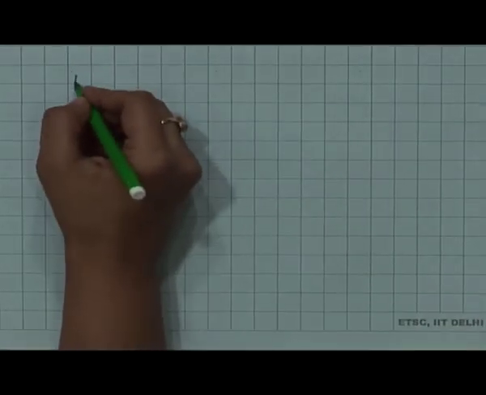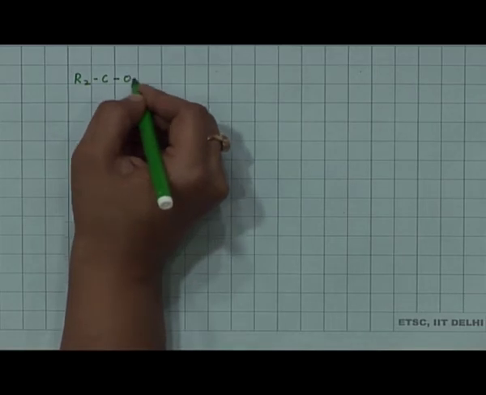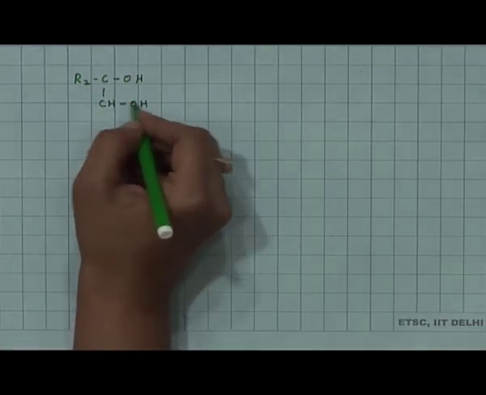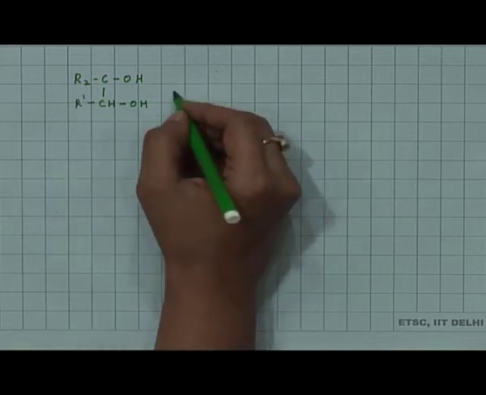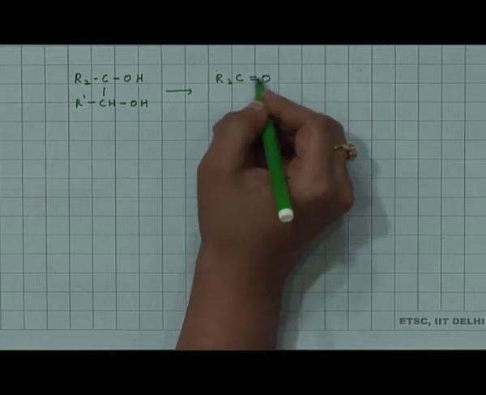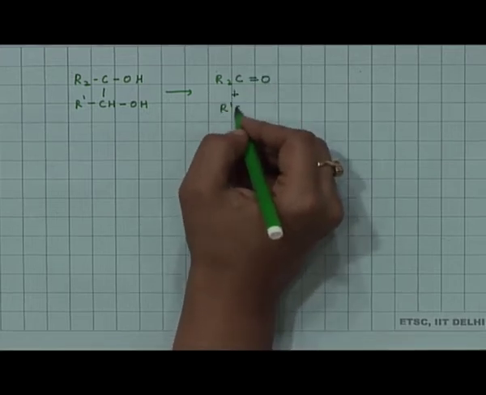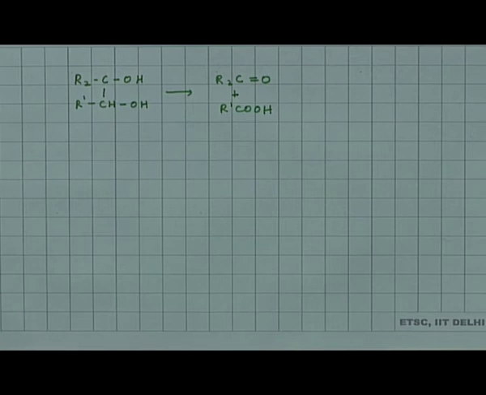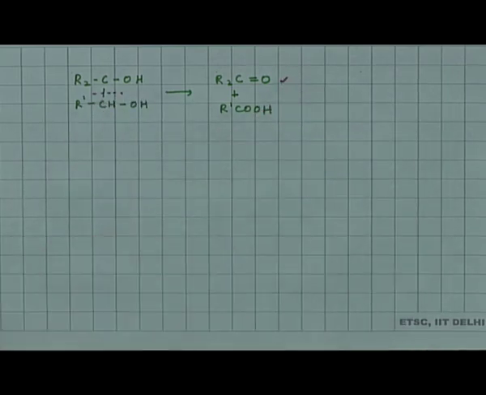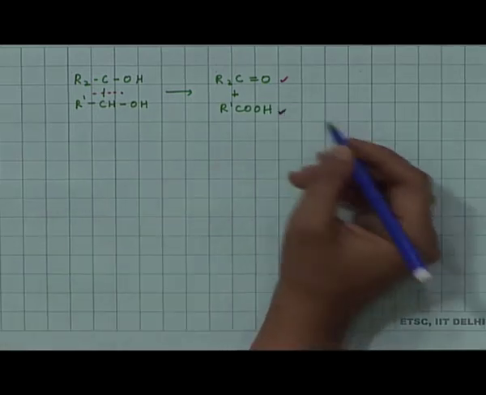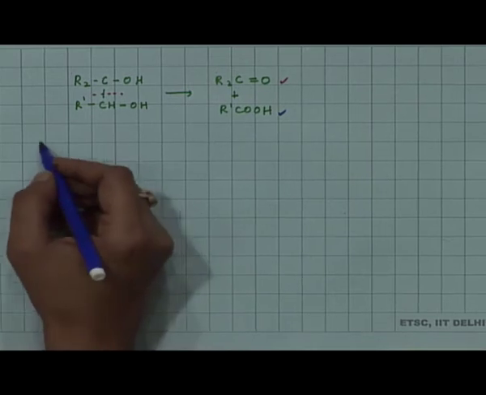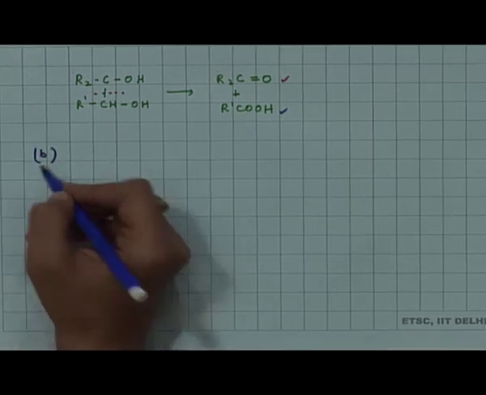If you start with a tertiary alcohol and a secondary alcohol, you end up with a ketone and the acid. So, as we say, with 3 degree alcohols we get the ketones, and with the 1 degree and 2 degree we get the acid. So, this is the oxidation of the glycols with acidified KMnO4.